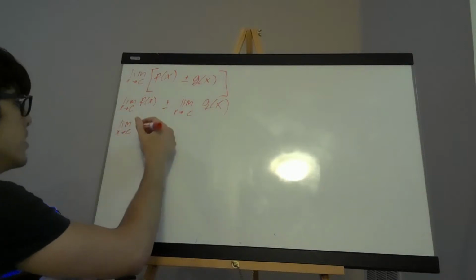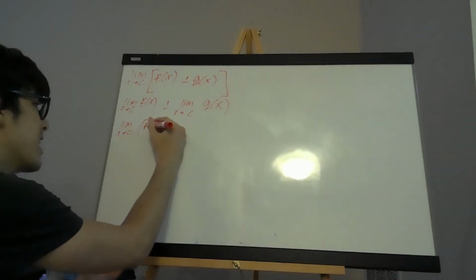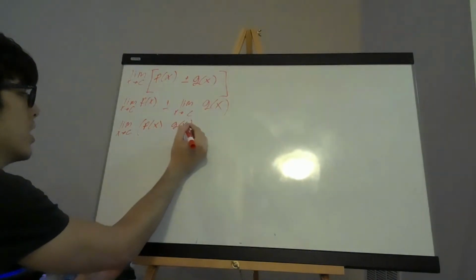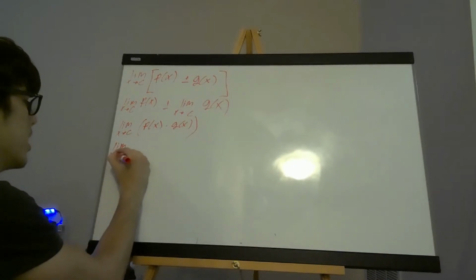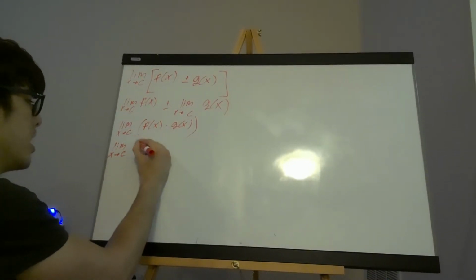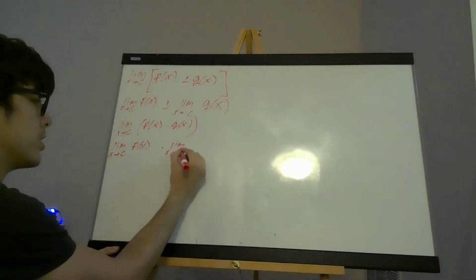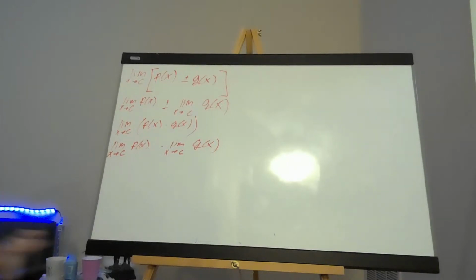So the next thing we have is the limit of a product, which is the limit as x approaches c of the function f of x times the function g of x. That would be written as the limit as x approaches c of f of x times the limit as x approaches c of g of x. As you can tell, these are very basic rules.